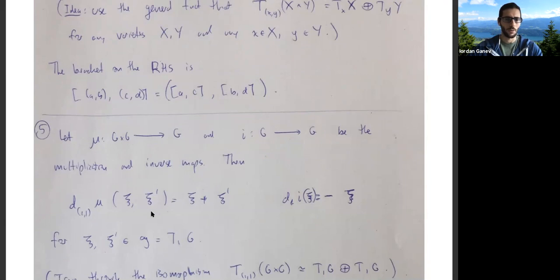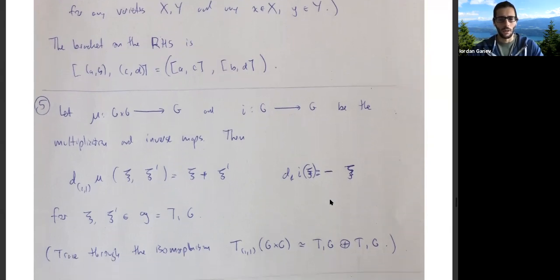And what is that map? Well, it turns out to be just the sum of the two Lie algebra vectors. What about the inverse map? The inverse map takes the identity to the identity. So it gives us a linear endomorphism of the tangent space at the identity, so a linear endomorphism of the Lie algebra. Which linear endomorphism is this? It's just multiplication by -1.